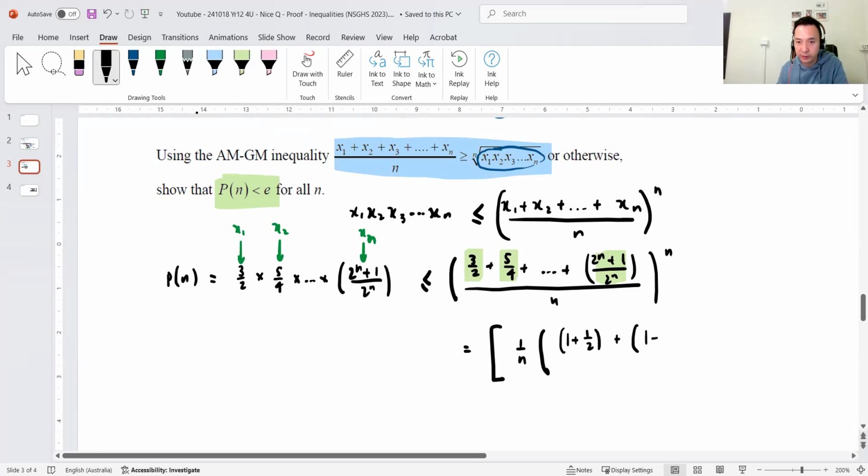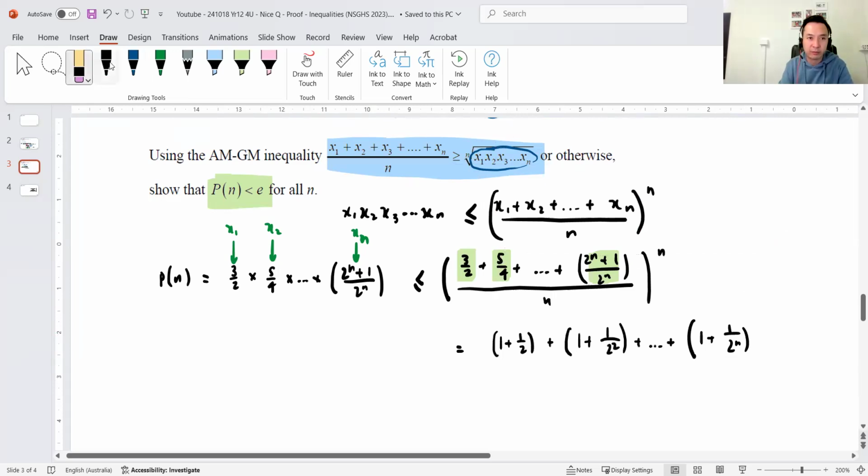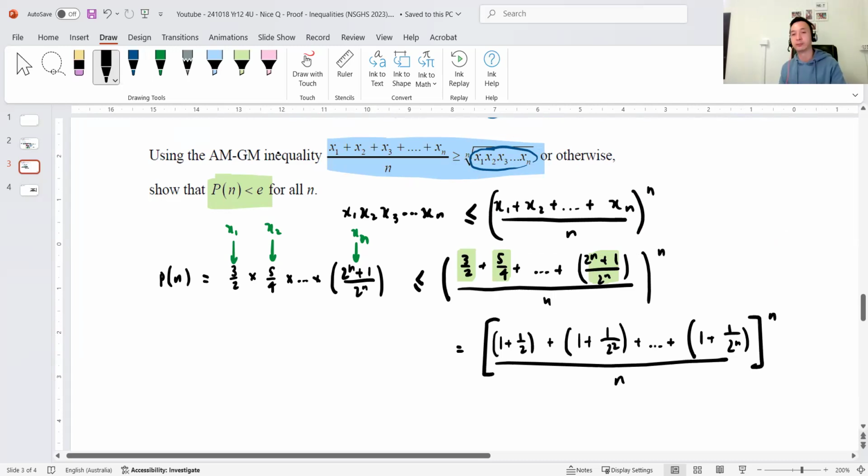For the 5 on 4, 1 plus 1 on 2 to the power of 2, plus all the way to 1 plus 1 on 2 to the power of n. Sorry, I didn't need that fraction. You know what? I'll do this first, before I do anything, just to keep it simple and visual. I'll still put all over n, and I'll bracket it up to the power n.